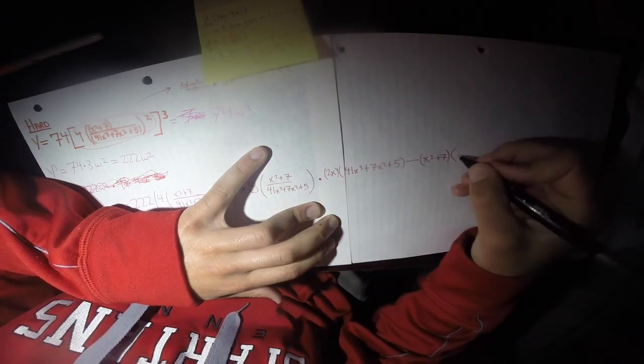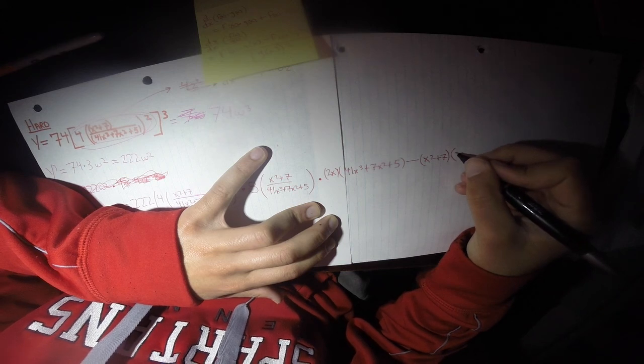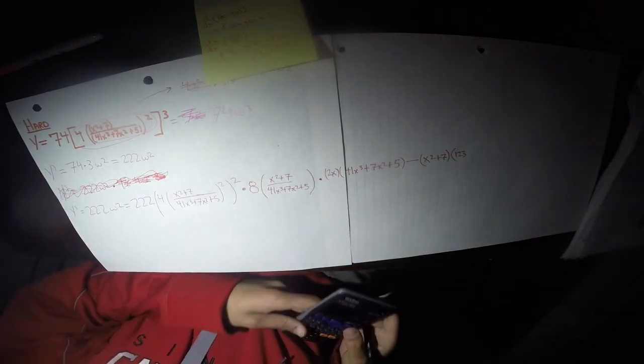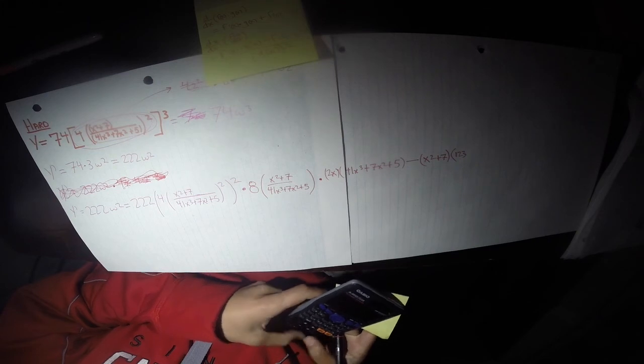Now you find the derivative of the bottom function, which is 41 times 3. 41 times 3 is 123, I believe. Hopefully I'm right. Let's just double check that. 41 times 3. Yes, I was right. 123.